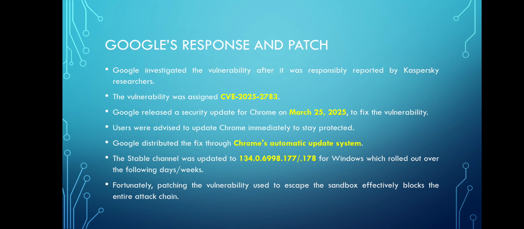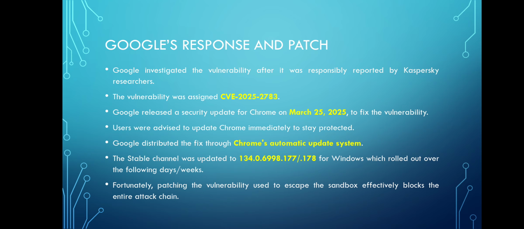So, what was Google's response and patch? After receiving the report from Kaspersky, Google investigated the issue and assigned it the identifier CVE-2025-2783. Google quickly released a security update for Chrome on March 25, 2025, and advised all users to update their browsers immediately.